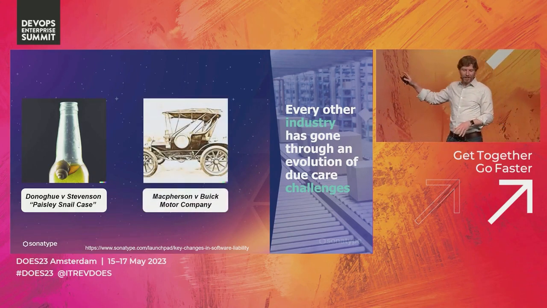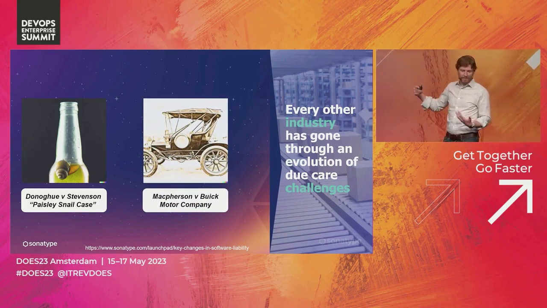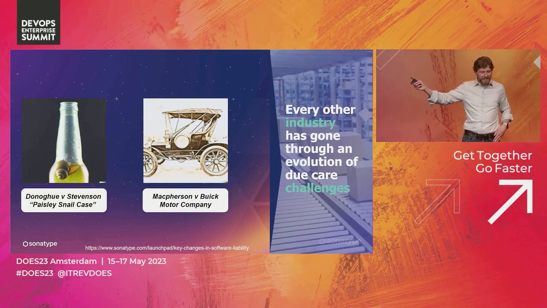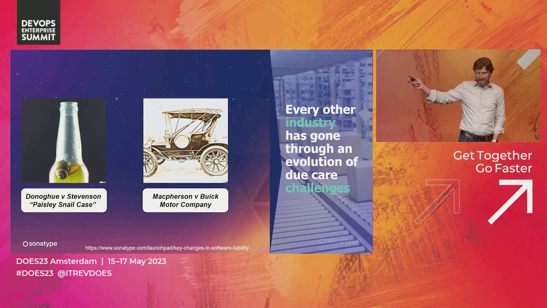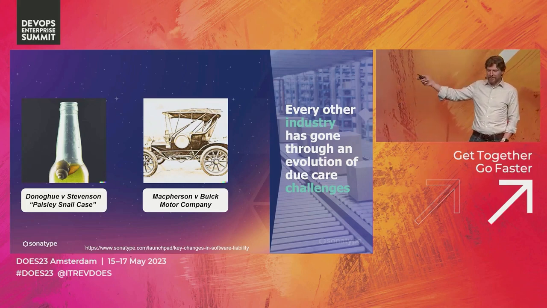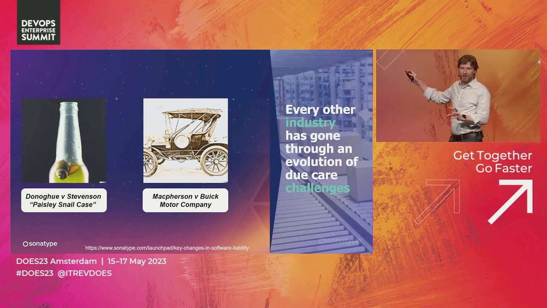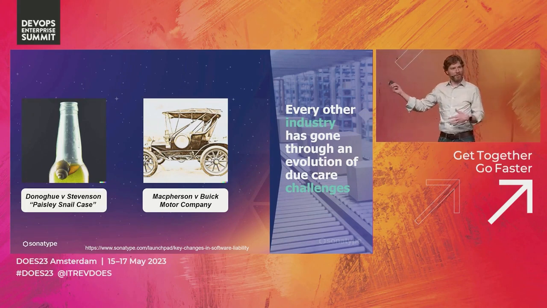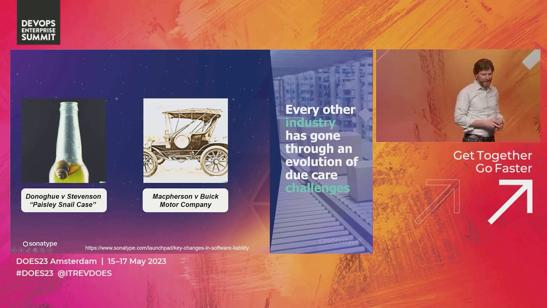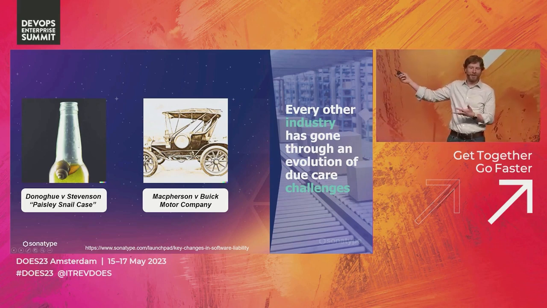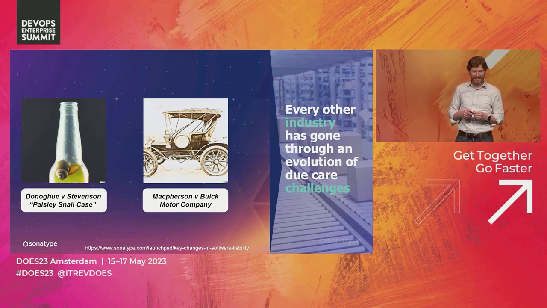In the auto industry, these sorts of regulations go back to 1916, at least, where an individual named McPherson sued the Buick Motor Company. Fun fact, Buick is now known as GM, so that connects back to the first story. They were getting sued over automotive issues way back in 1916.